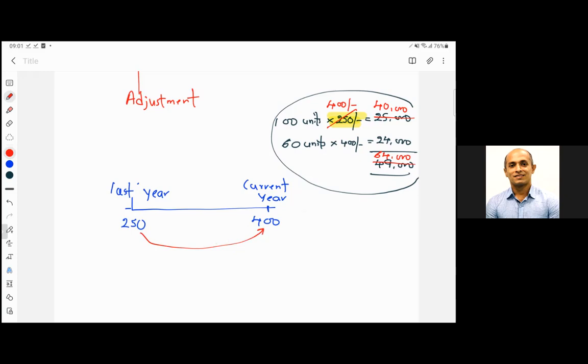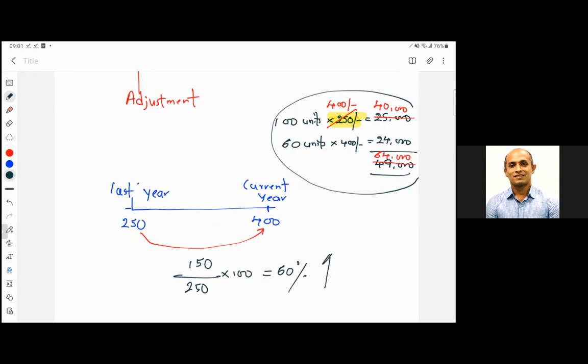Now you see the price level changed by 150 on last year's price of 250. As a percentage, that is 60%.